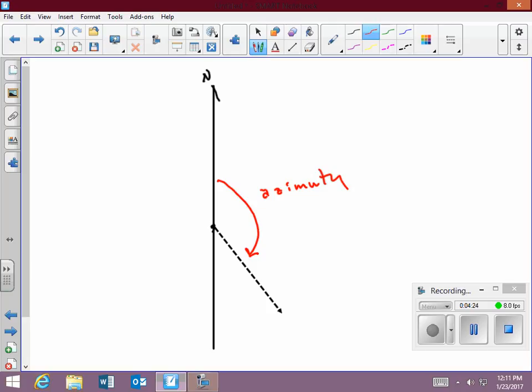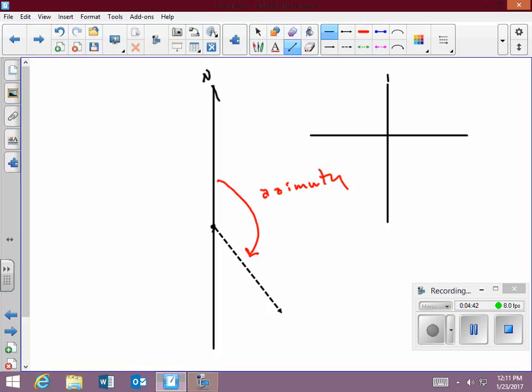In trigonometry, you got bearing, you got azimuth, and then you got one other thing that you measure in terms of angles. You're always measuring from this point, this direction, positive. So you got to know whether you're doing bearing or azimuth or a trig angle.